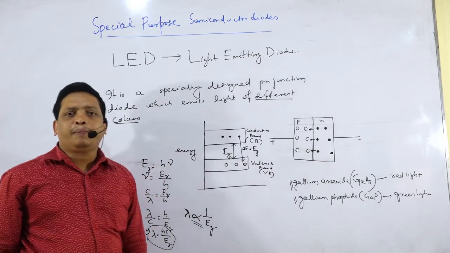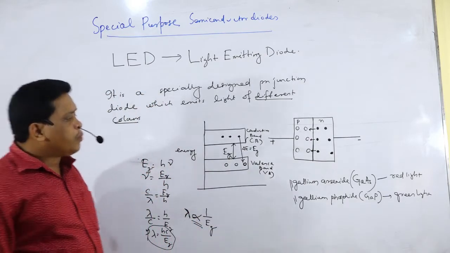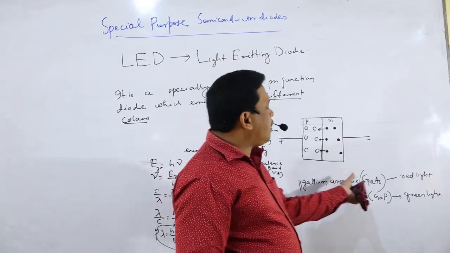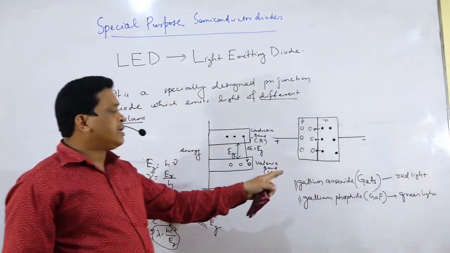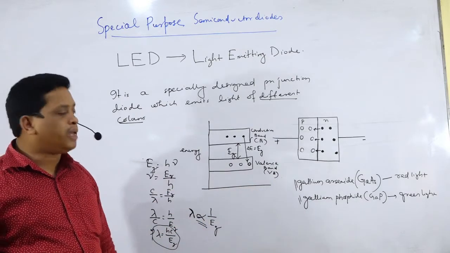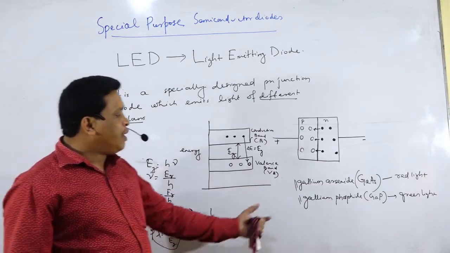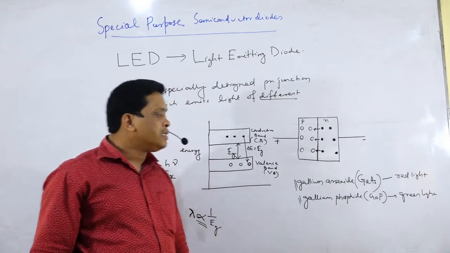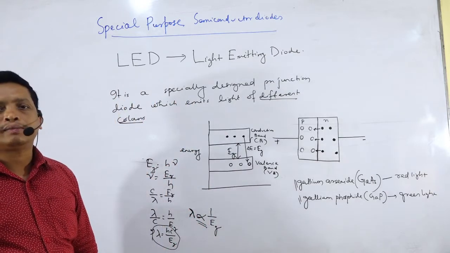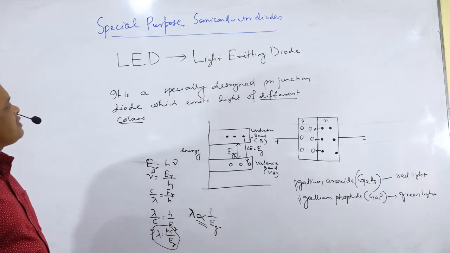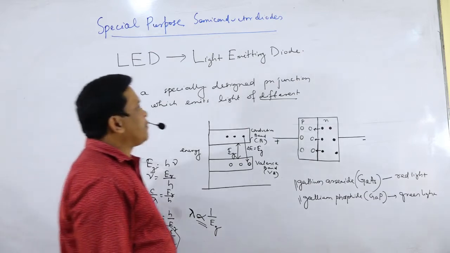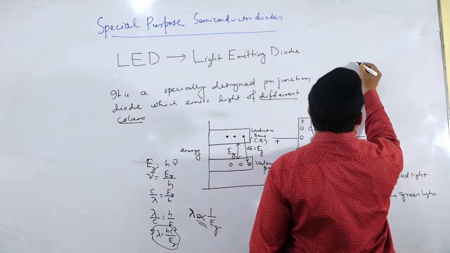So by taking different materials, we can get light of different colors. So gallium arsenide LEDs emit red light, while gallium phosphide LEDs emit green light. Now let us see the circuit symbol of an LED. Circuit symbol.